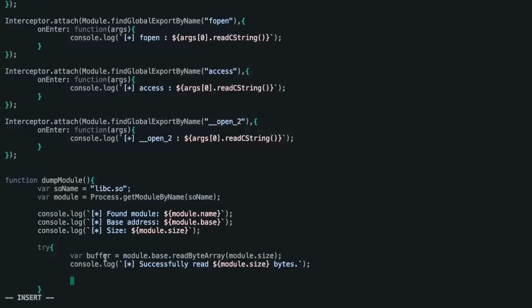Now, once I have the bytes in this buffer variable, what I have to do is write it into a file. So for that, I am going to create this outputPath variable in which I am going to write these bytes. So let's save these bytes into a file in the same directory where the application is installed due to app sandboxing restrictions.